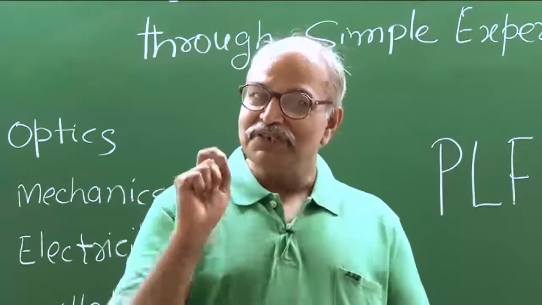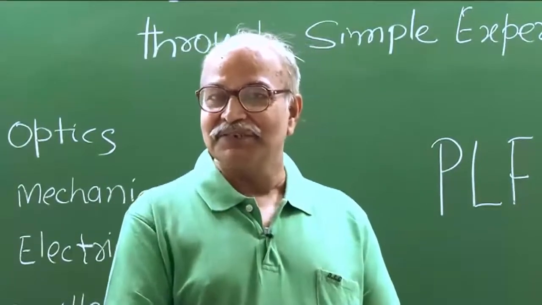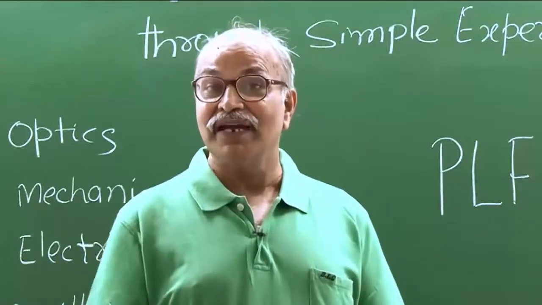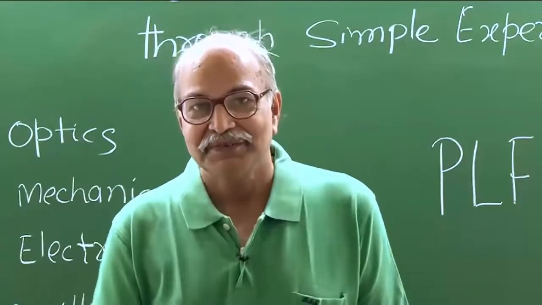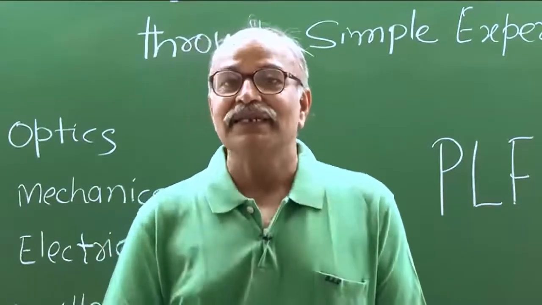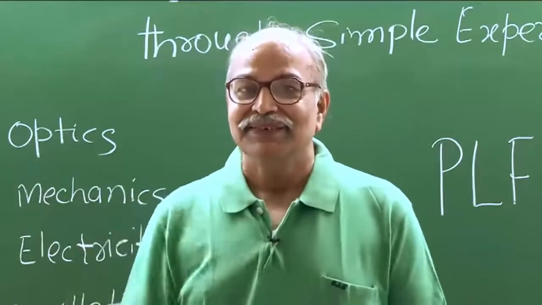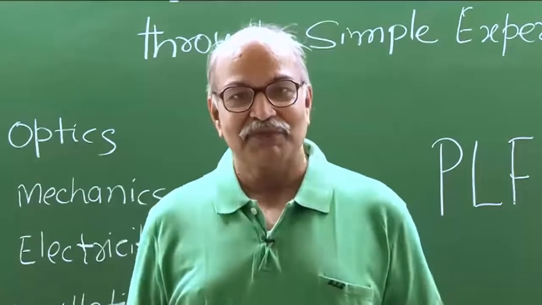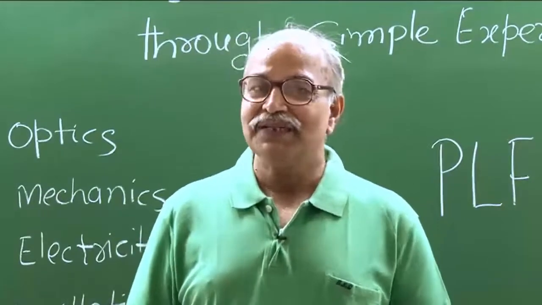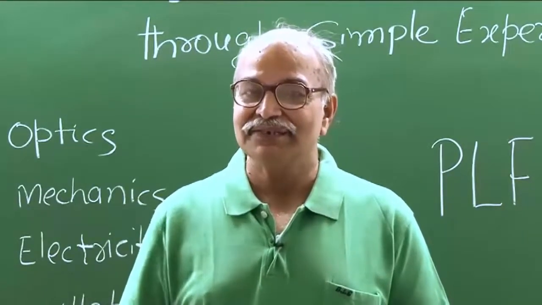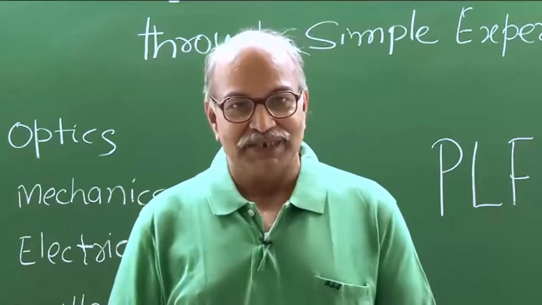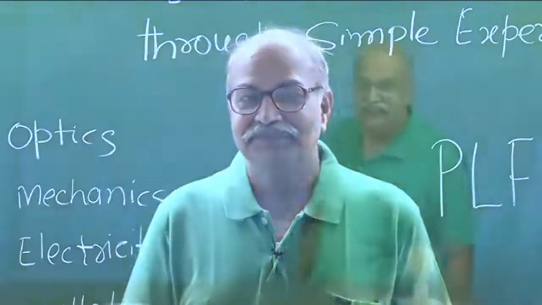Now what is the first thing that is taught when a chapter on light starts in schools? Perhaps the first thing is light travels in straight lines. So we will also start from that. And how do we know that light travels in straight lines? We can do certain experiments.